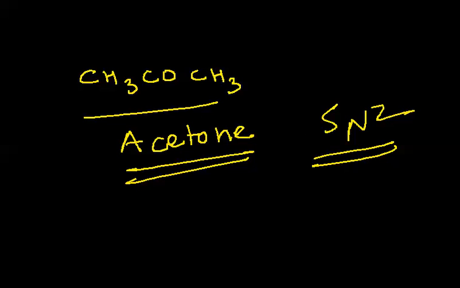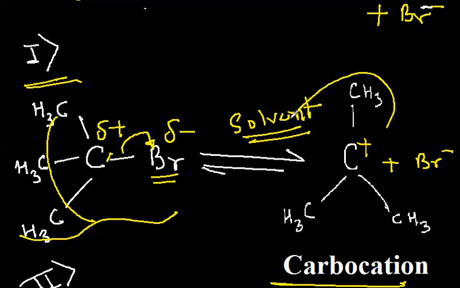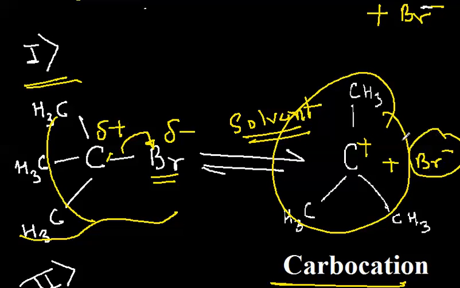And if you can see this step here, which is the first step, the formation of carbocation, the solvent will help in this formation or the stability of carbocation, because if the solvent is polar, then it's going to stabilize these ions, this one and this one separately, and it will prevent them from combining again and forming this part. Okay, so we need a polar protic solvent for SN1 and a polar aprotic solvent for SN2. That's it.